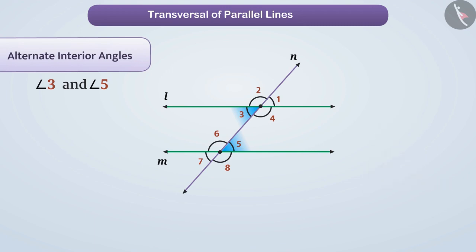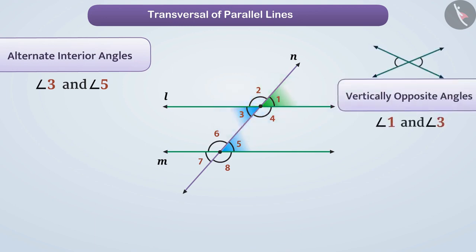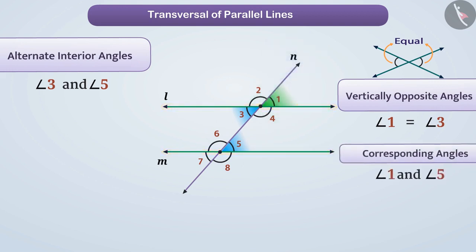Let's understand this. Here angle 1 and angle 3 are vertically opposite angles, and we know that vertically opposite angles are equal. Therefore, we can say that angle 3 is equal to angle 1, but angle 5 and angle 1 are the corresponding angles formed by the transversal of parallel lines.